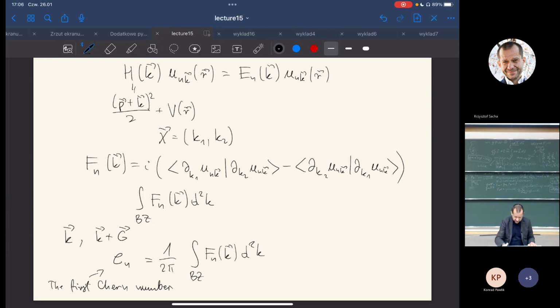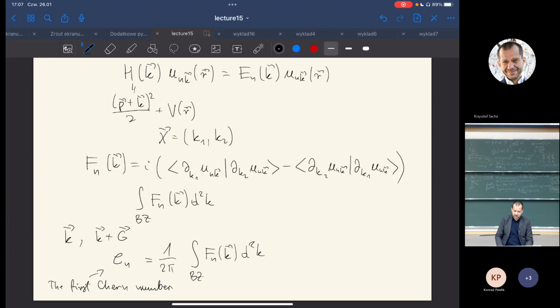So the first Chern number, this integer quantity, is a topological invariant, and it can only change if you have a band structure and we calculate the Chern number of a certain band.